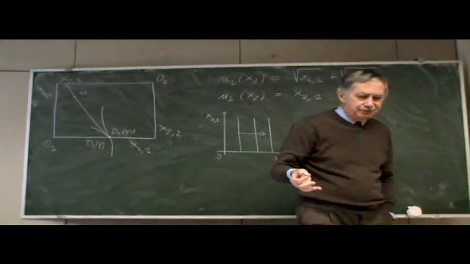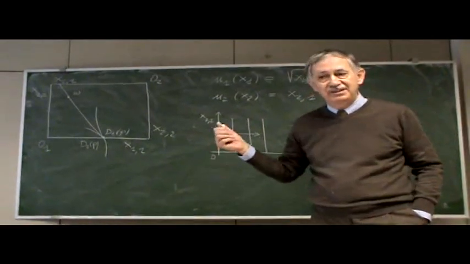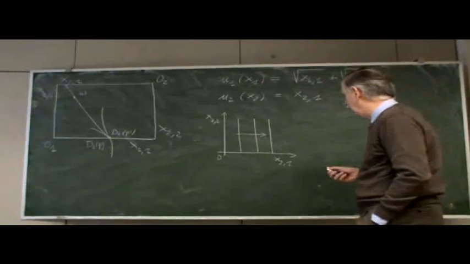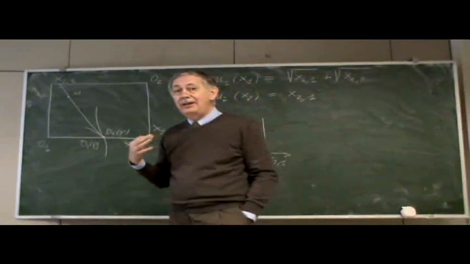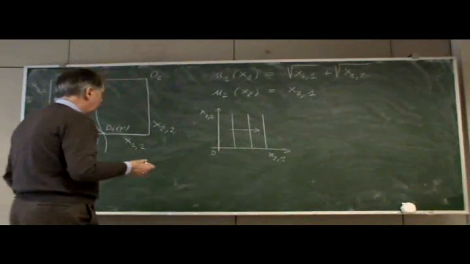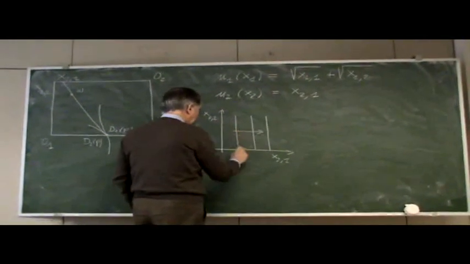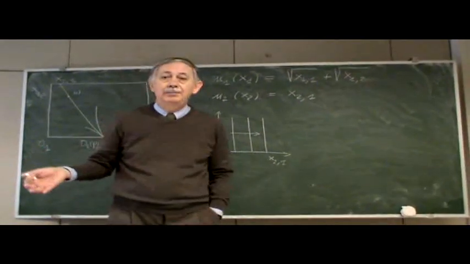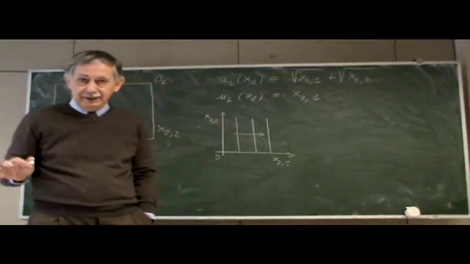Clearly, these preferences are regular, obviously, because they are representable by means of a utility function, are convex, and are also monotone, but they are not strictly monotone. Because if you increase the quantity of good 2, given the quantity of good 1, nothing happens. The utility remains the same. Is it clear?